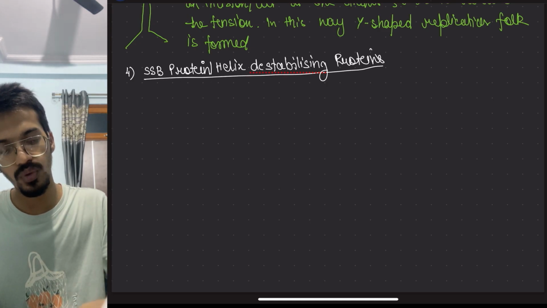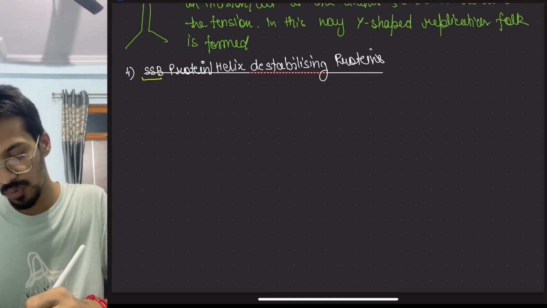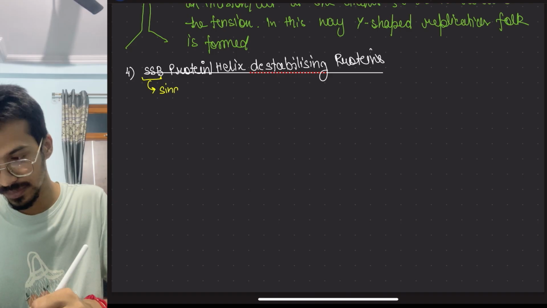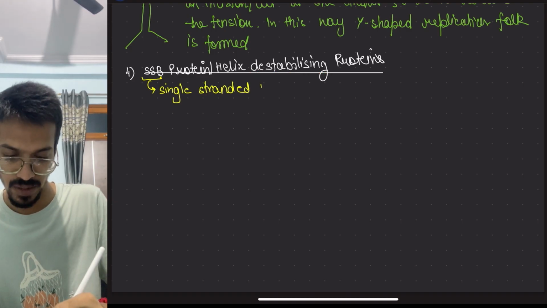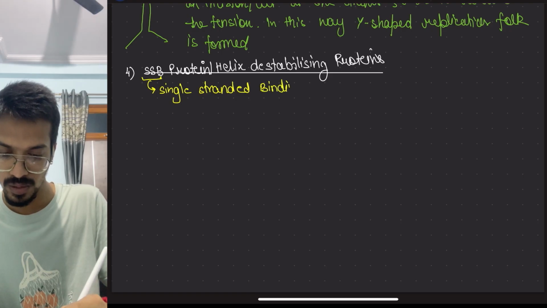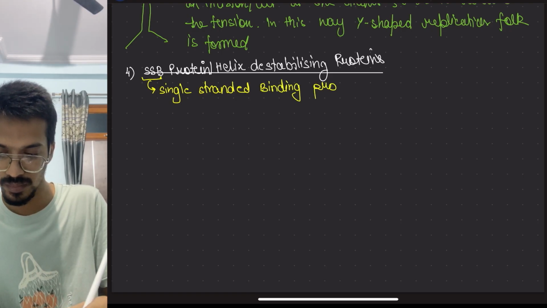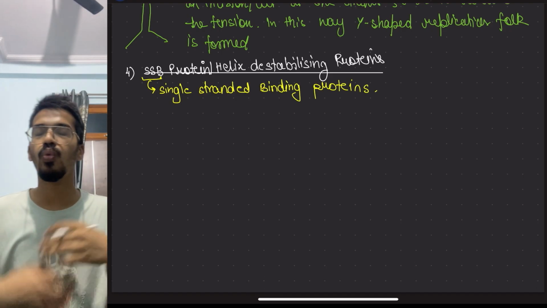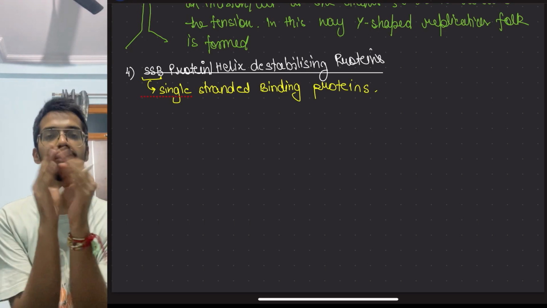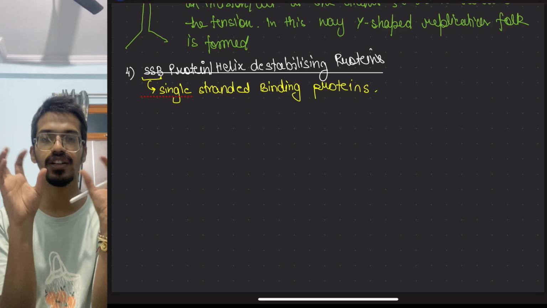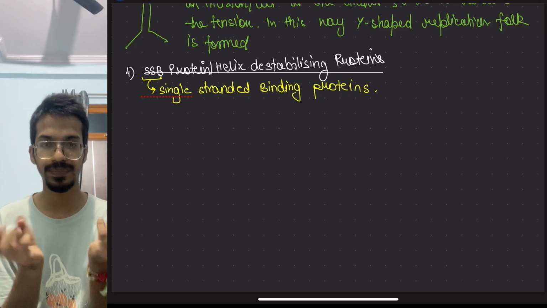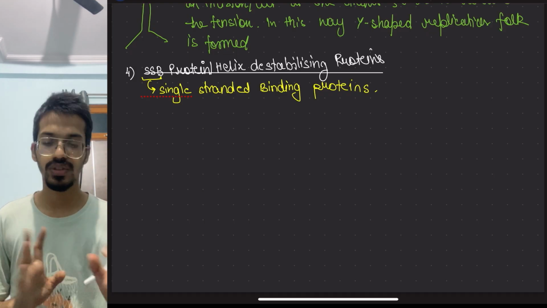SSB full form is single stranded binding protein. What they will do is keep the strand in uncoiled form, and the new strand that is being formed, it helps in coiling it simultaneously. So this is its work.